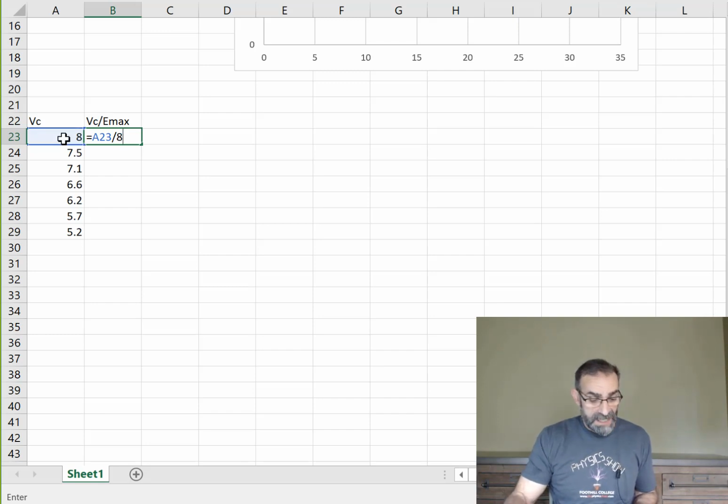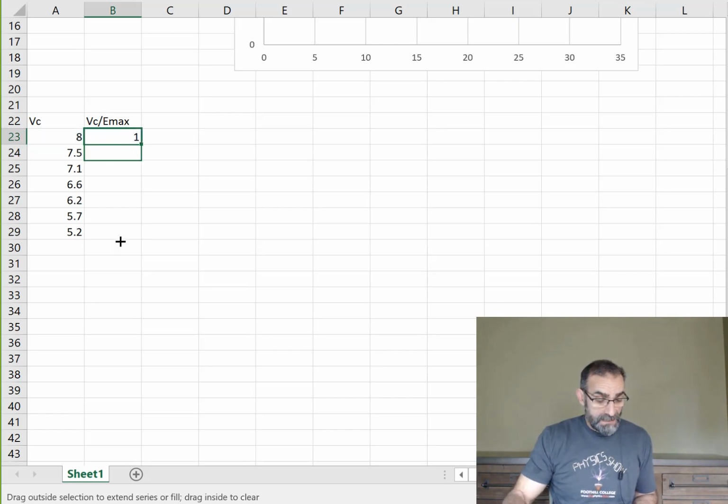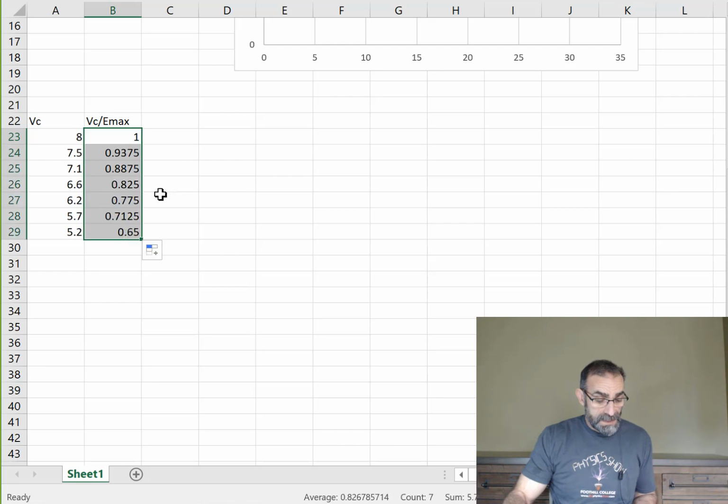The maximum in my case is 8. And then you drag down, and you can see that this is also going to be this value, 7.5 divided by 8, 6.6 divided by 8, right?